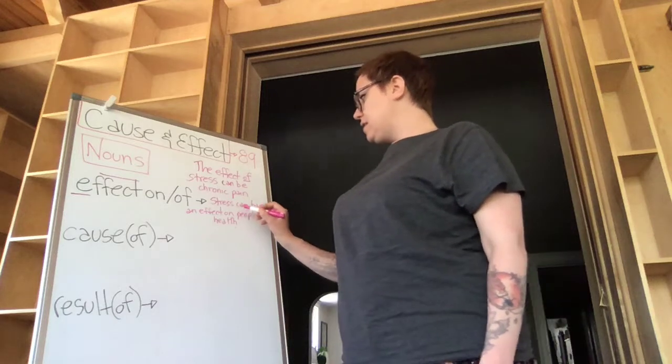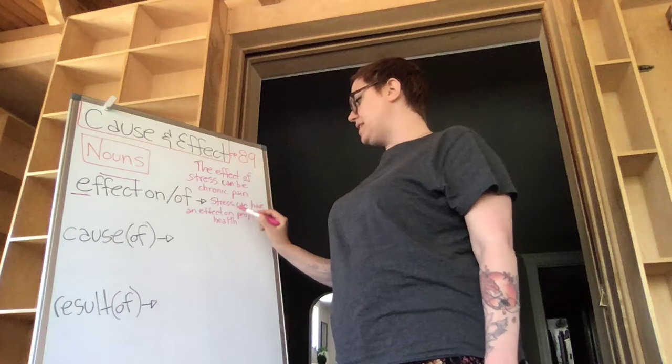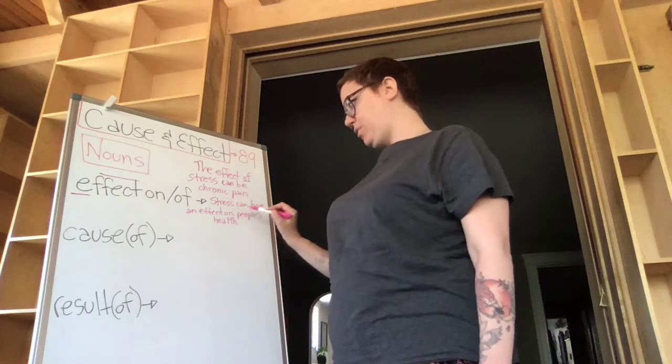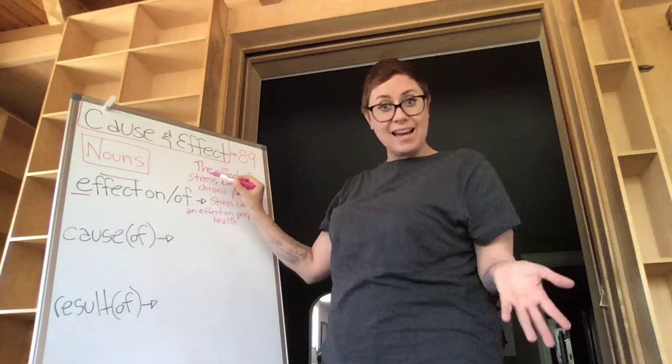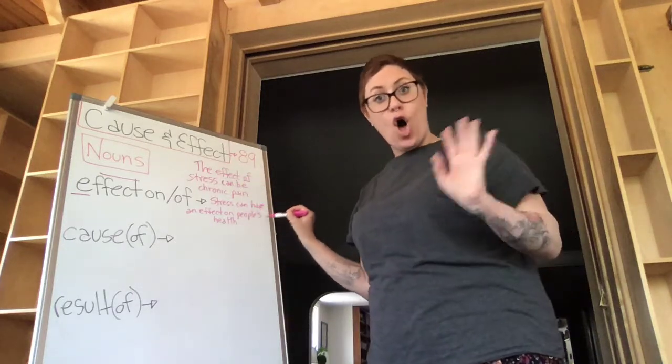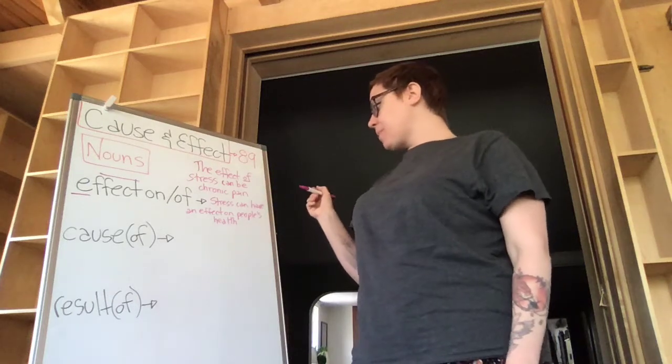So this is the effect of stress, and this is the effect on people's health. So again, this is the effect of X, and this is the effect on Y. I hope that makes sense.